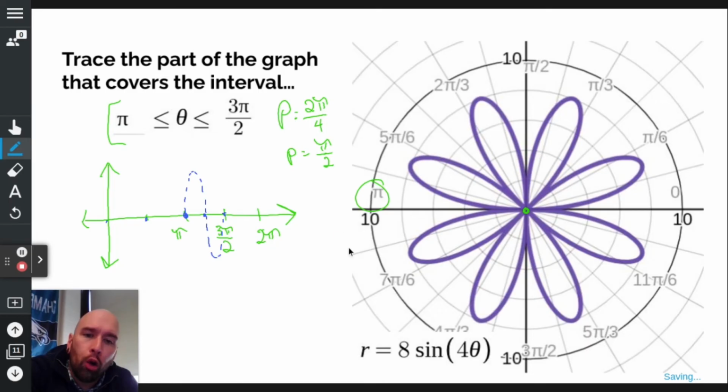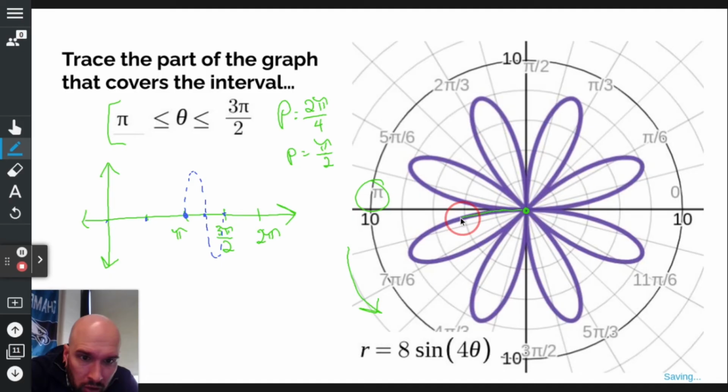As I go towards 3 pi over 2, what's happening is I'm going out to 8, then coming back, and then normally here I'd go like this, but now I'm in negative land. So what's going to happen is I'm starting at pi. We're in positive land according to my picture.